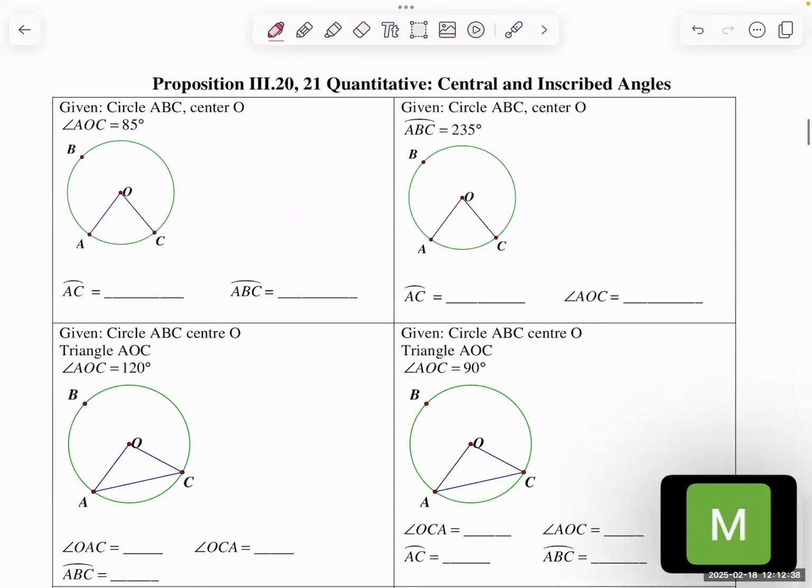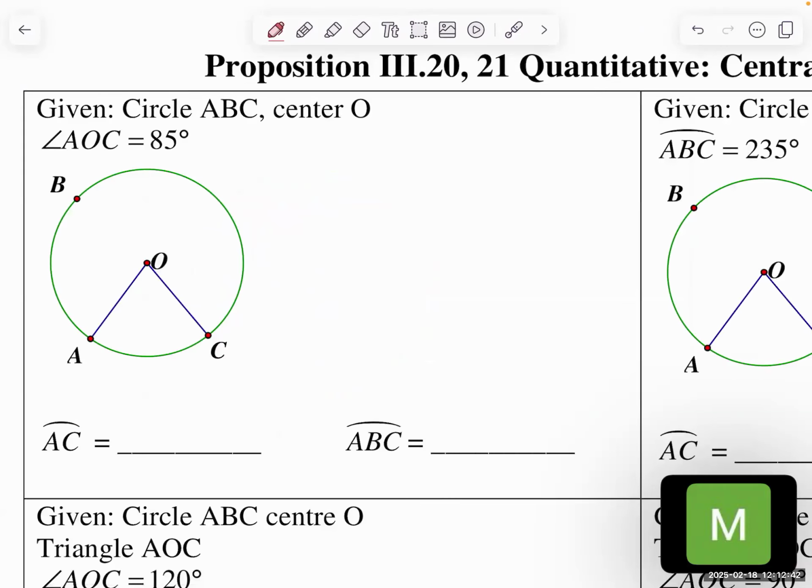I also realized I need to go back a couple ones because we've got to look at these. These are just central angles. So again, same relationship. If the angle here is 85, this is 85. And then to find the full distance here, because remember we have to go in order of A to B to C, it would be 360 minus 85, which is 275.